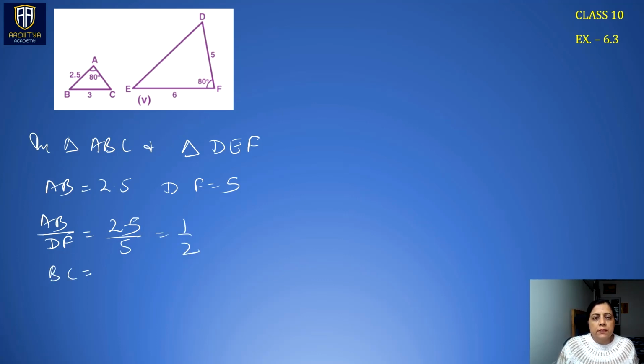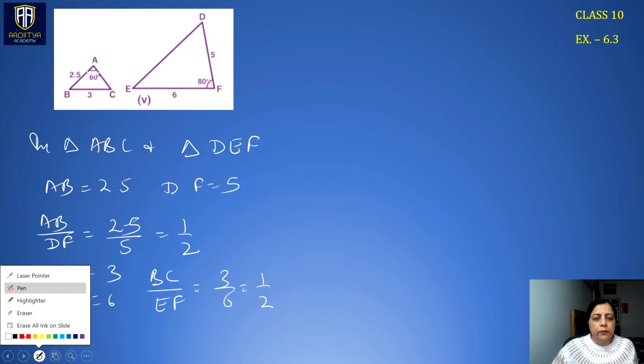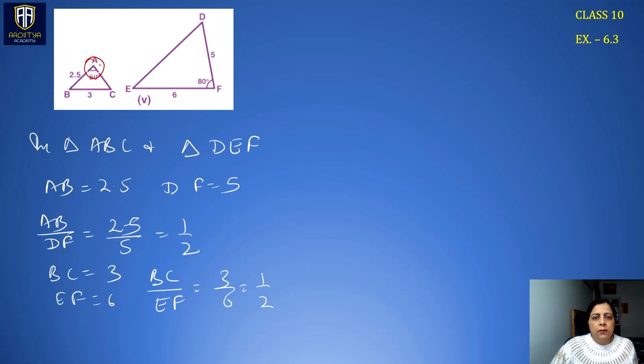Next we have BC as 3 and EF as 6. So BC upon EF is equal to 3/6, that is 1/2. Now see that here it is angle A 80 degrees, angle F 80 degrees.